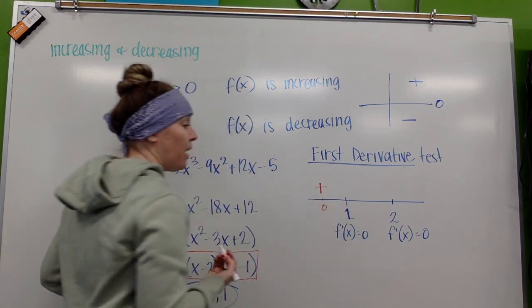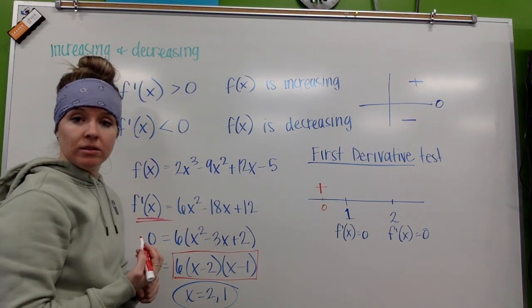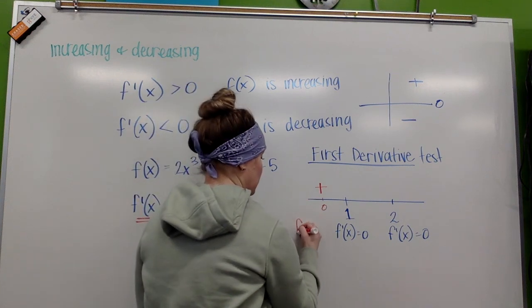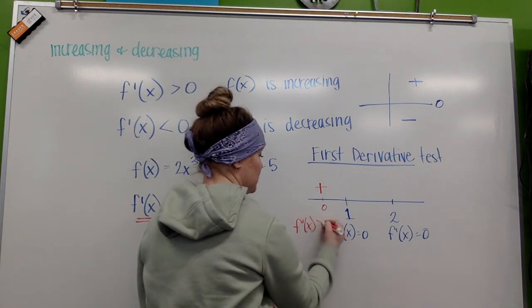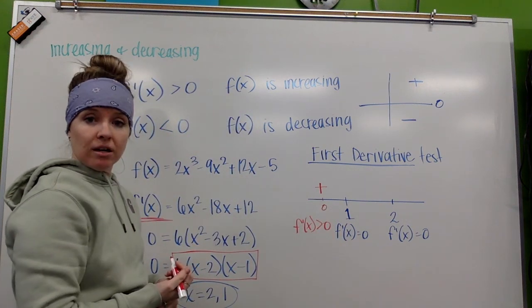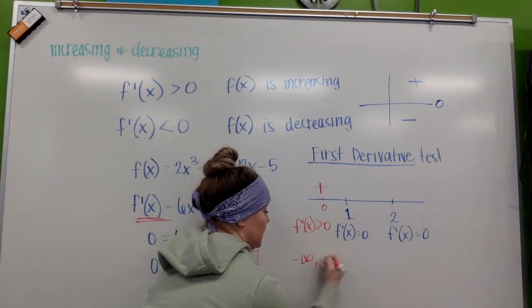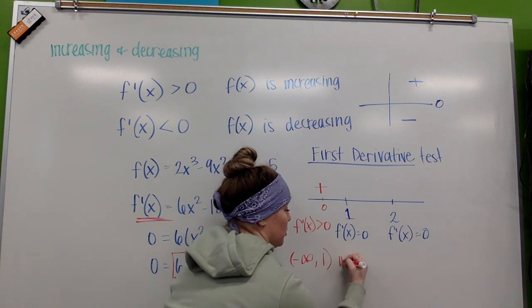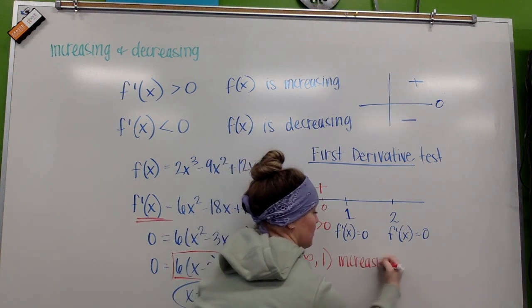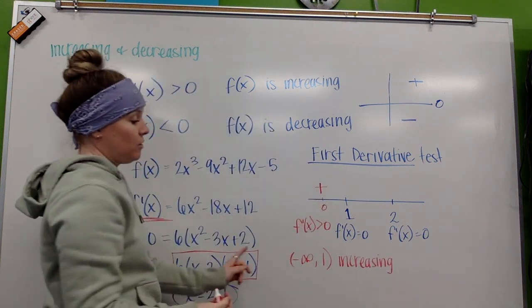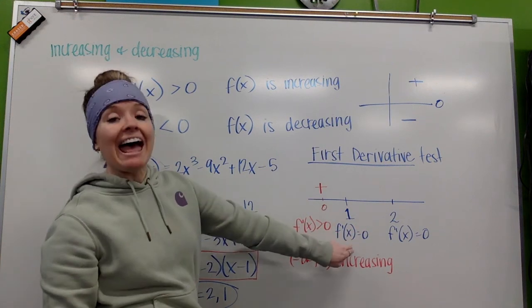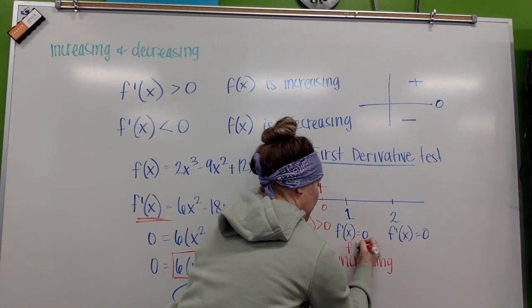This is a positive derivative. Okay? So right here, I'm seeing f prime of x is greater than 0. That tells me from negative infinity to 1, I'm going to be increasing. From negative infinity to 1, f of x is increasing. So my original function.